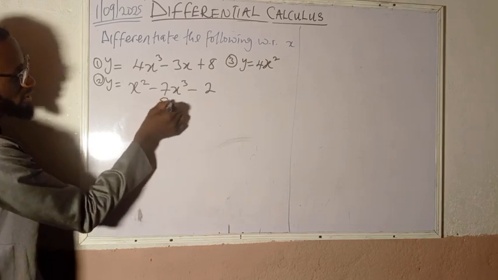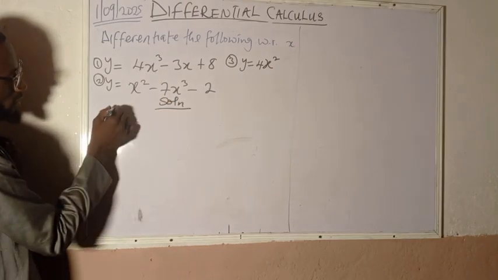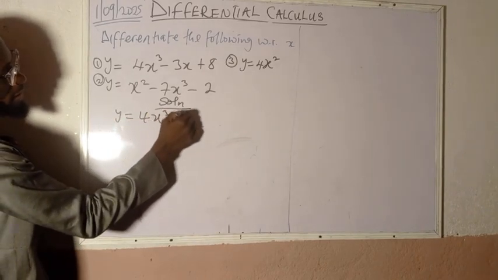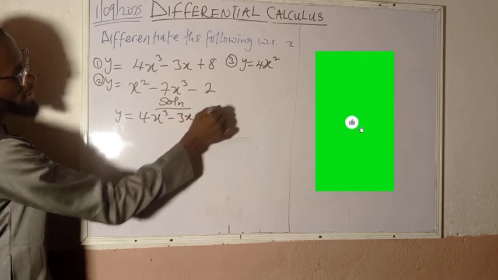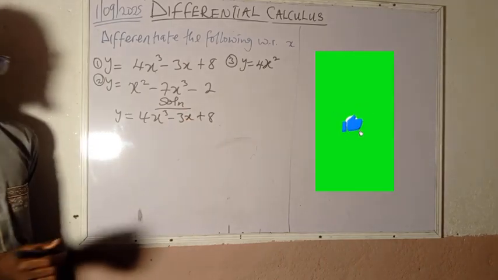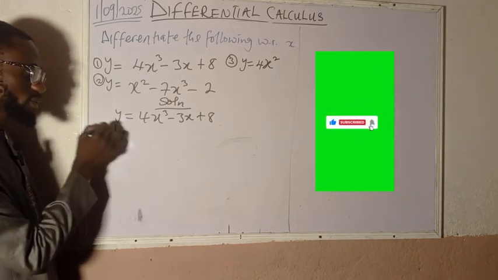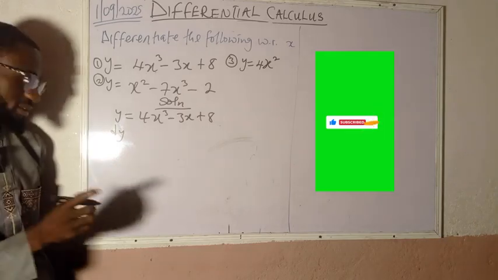Now we see the solution. We have y is equal to 4x cubed minus 3x plus 8. Then we differentiate y with respect to x.